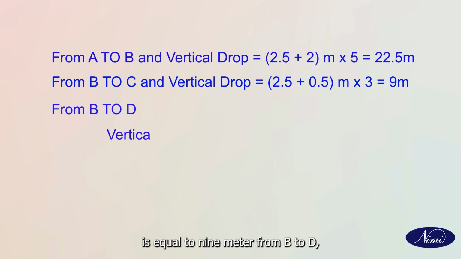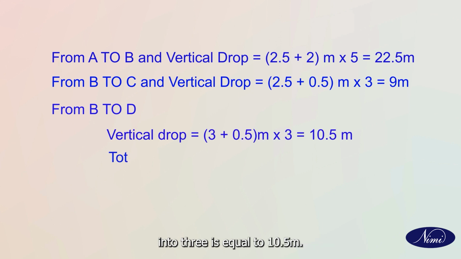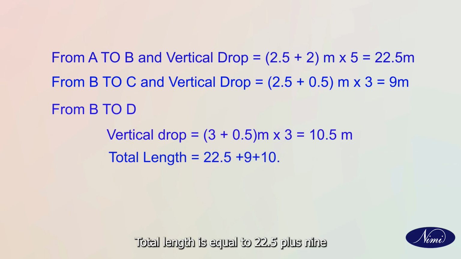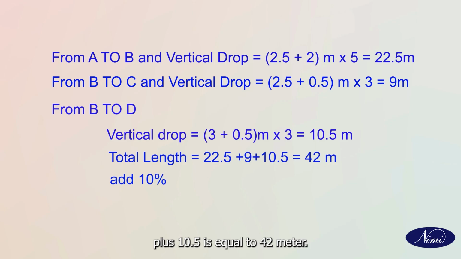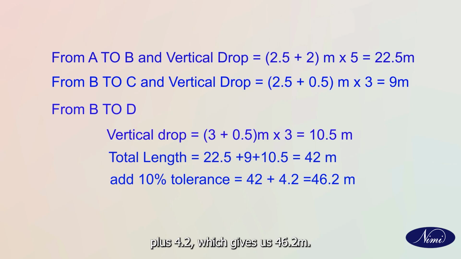From B to D vertical drop, 3 plus 0.5 meter into 3 is equal to 10.5 meter. Total length is equal to 22.5 plus 9 plus 10.5 is equal to 42 meter. Adding 10% tolerance, which is equal to 42 plus 4.2, gives us 46.2 meter.